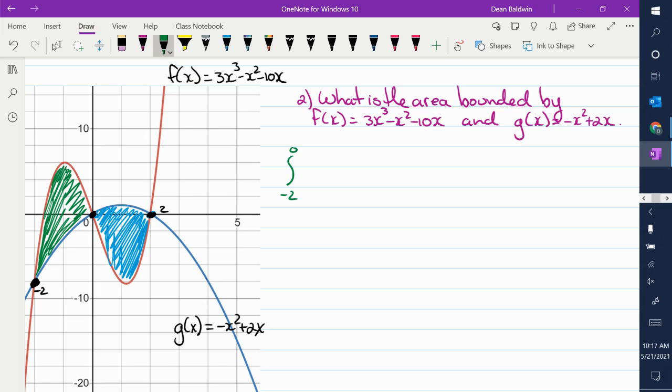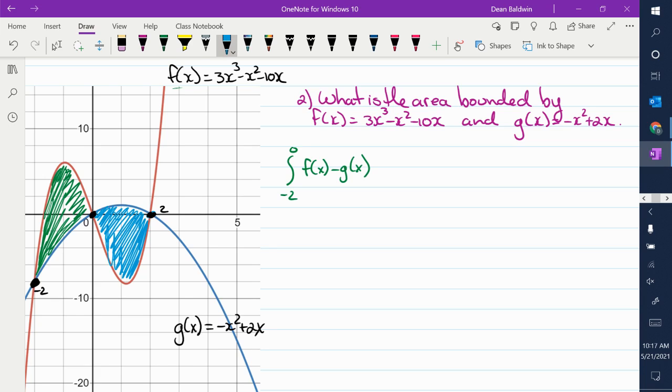We're just going to write the general g of x, f of x for now, and then we'll actually do it. What's the top function here? It's f of x, right? The cubic. So it's going to be f of x minus g of x. That'll give you the green area.